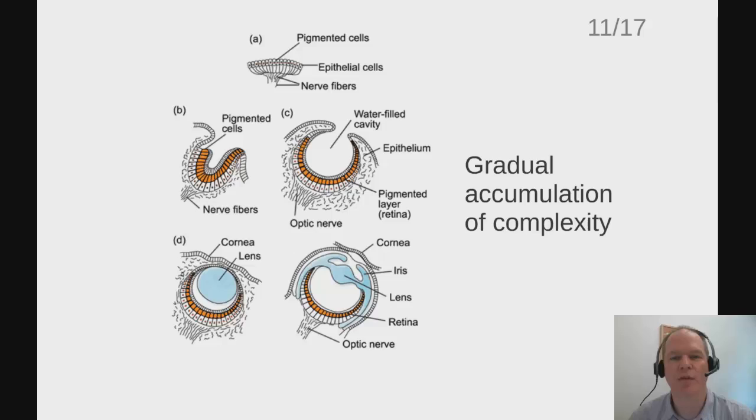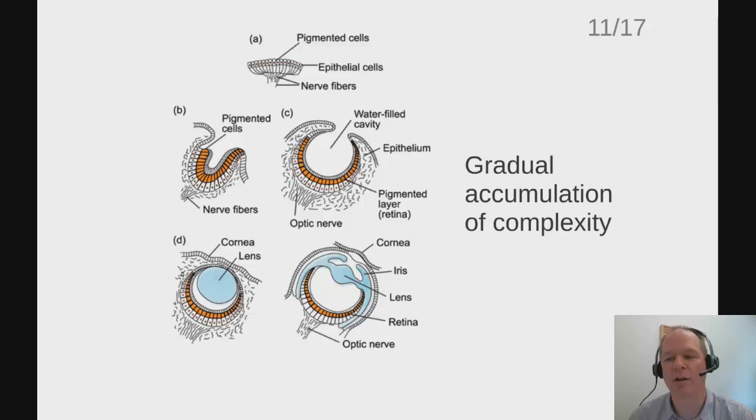So you can see how a set of cells might become light sensitive, how they might develop a cup so that light sensitivity could be directed, how that might turn into a basic pinhole camera, and then a more sophisticated kind of eye with a lens, and then adding complexity, a cornea, other components that make up the full modern eye.